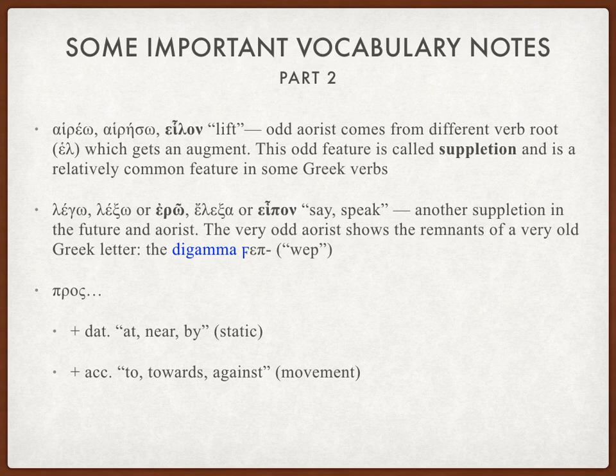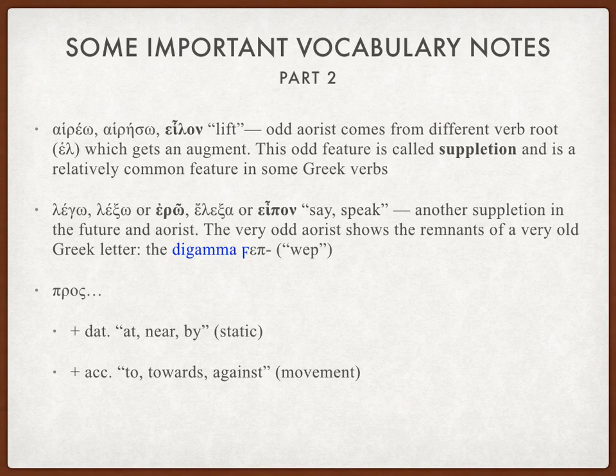You can see the spelling in blue there. Wep is a very old Greek word root that means to speak or to say, that gets combined with lego through suppletion over time. So the remnants of wep, which you can hear in eipon, get combined through suppletion and survive in a different form. So that's why you have two different aorists of lego.